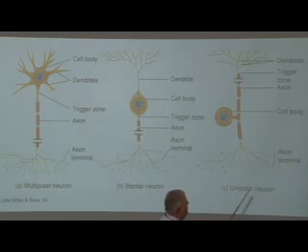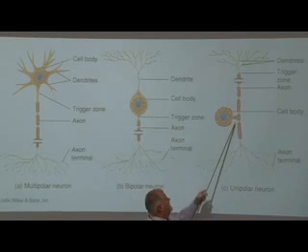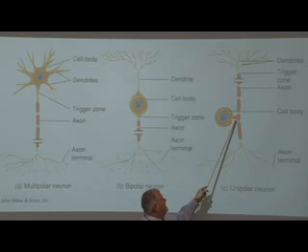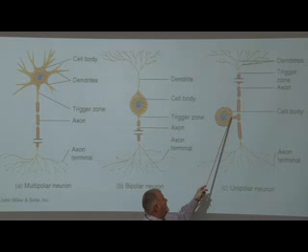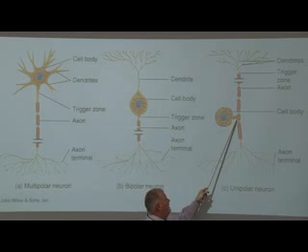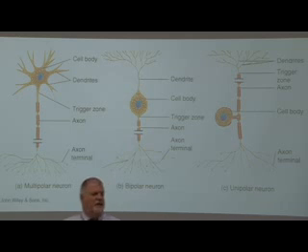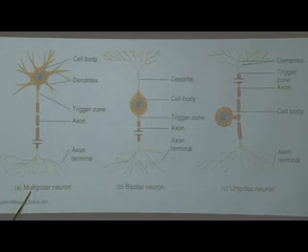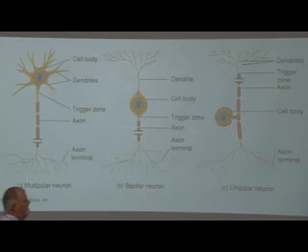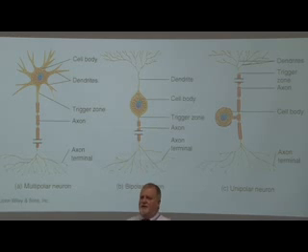So if we go to this one, then this is called a unipolar neuron, because the axon or dendrite is actually coming into the cell body at one point, so there's only one pole. And then this is a classic example of what type of neuron we've already talked about. Sensory neuron. So the two we've talked about already would be this multipolar neuron, classically what motor neurons are, and this unipolar neuron is classically what sensory neurons are.